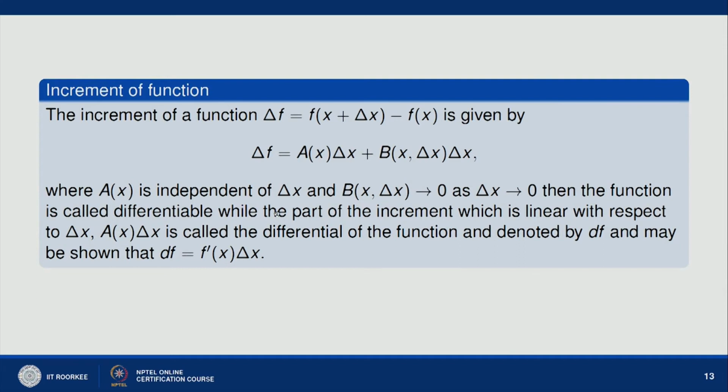And what is the differential? We can say that the part of the increment which is linear with respect to delta of x, that is this part a of x delta x, is called the differential of the function and is denoted by d of f, and we can say that d of f is equal to f dash x delta x.